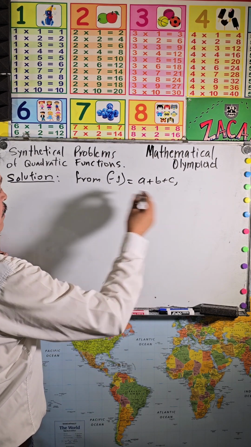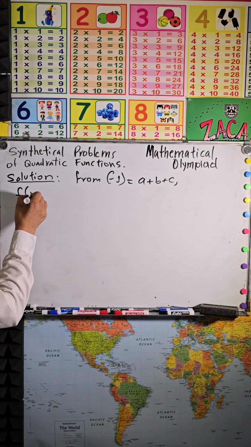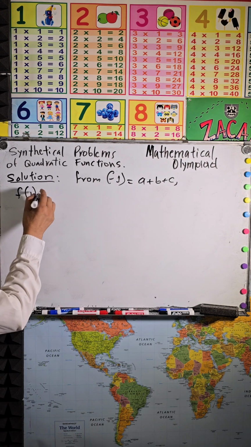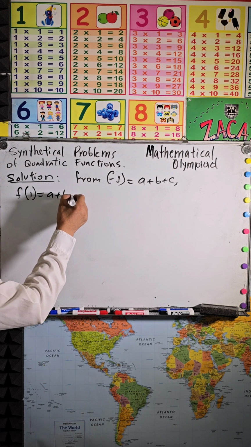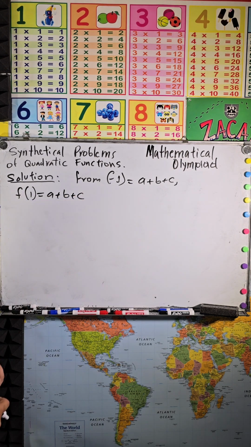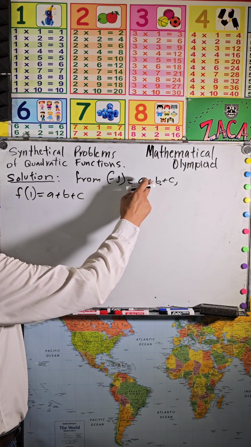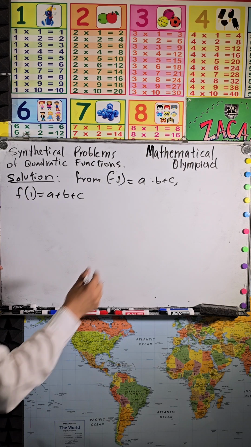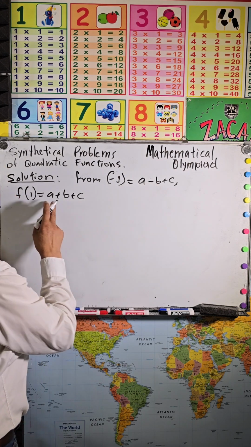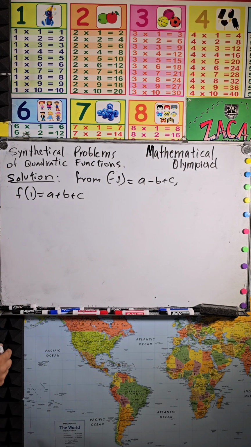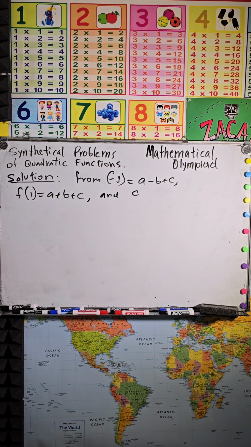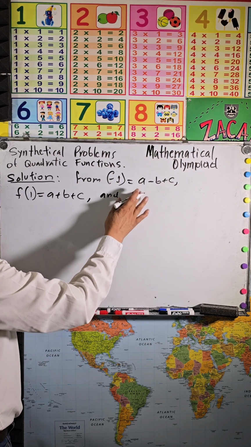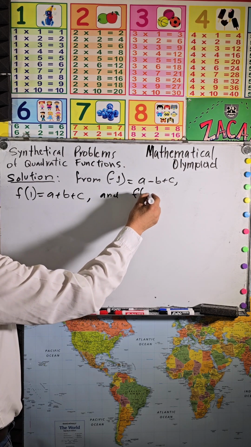F1 right here. A1 equals a plus b plus c. Here is positive, here I think it's negative, minus b, positive right here, and let's write c, or f of x.